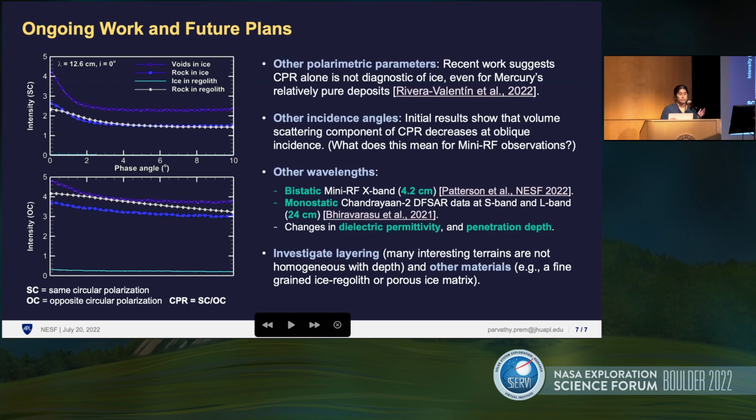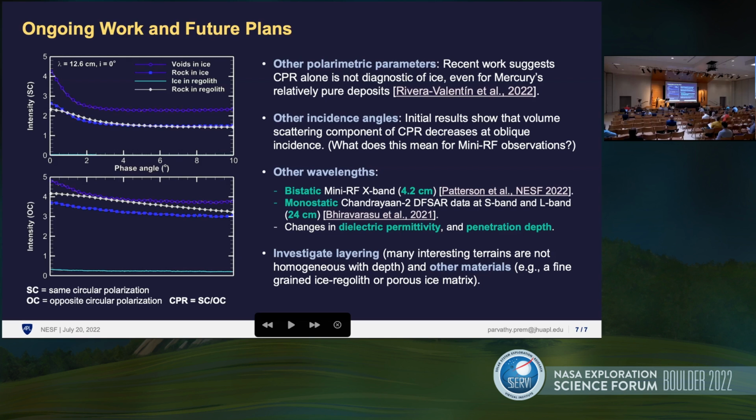So we're sort of using Mercury as a limiting case of relatively pure water ice deposits. Right. Okay. Got it. Thank you. But if we model, for instance, a porous ice case, it would be interesting to compare that to the CPR value of Europa or something. Right. Okay. Great.